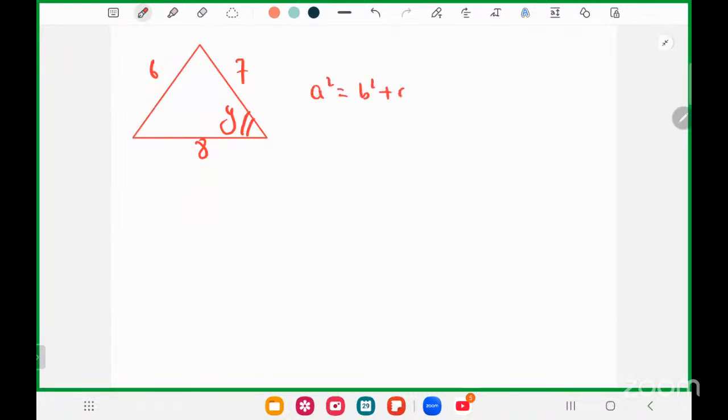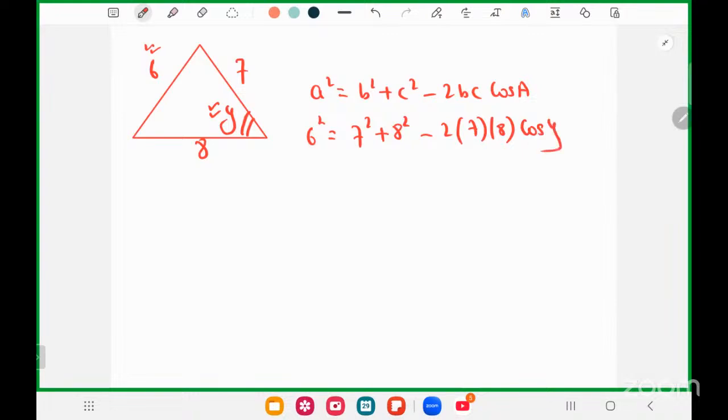As I mentioned, A is the required side or the side opposite which the angle is required. So the angle that is required is opposite 6. So 6 square is 7 square plus 8 square minus 2 into 7 into 8 into cos of y.